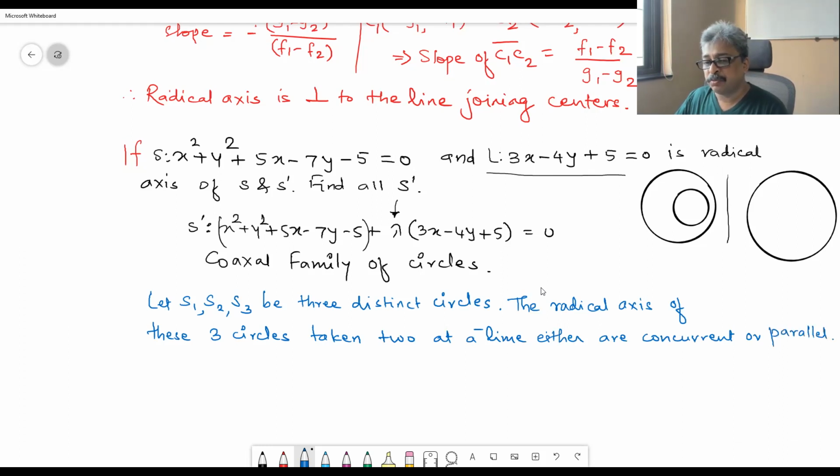Now you can combine, they are always concurrent, provided you are okay with the point of intersection at infinity. But okay, we can write it either concurrent or parallel.